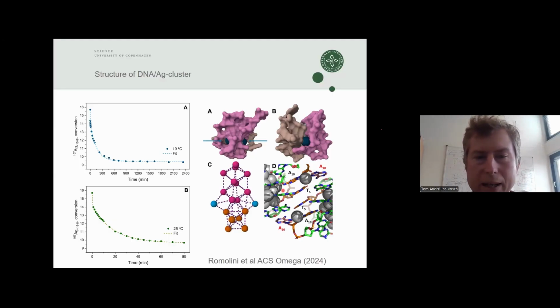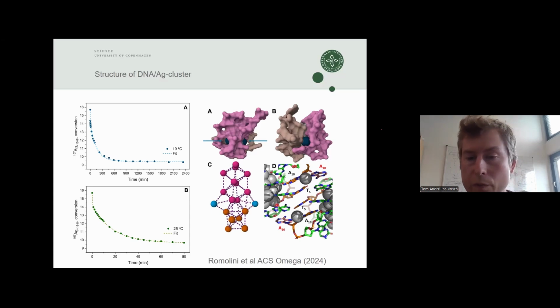Now, the exact mechanism of how this exchange happens, we are not really sure of. So we proposed several ideas. One of the ideas was maybe through this solvent tunnel where the chlorides can be exchanged, maybe also silver ions can come in and exchange with the cluster. Or alternatively, we know from the crystal structure that these DNA stabilized silver nanoclusters like to form crystals and hence interact with each other.